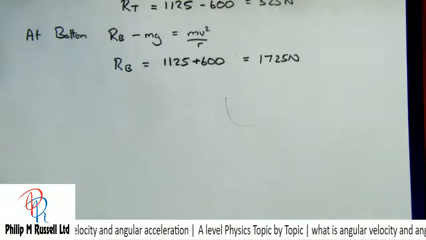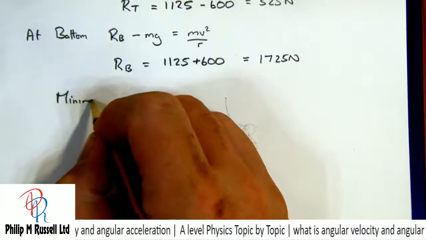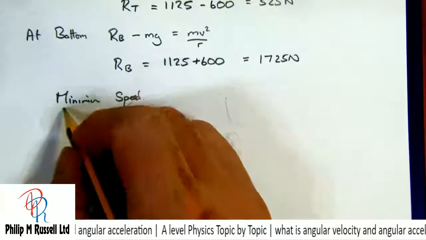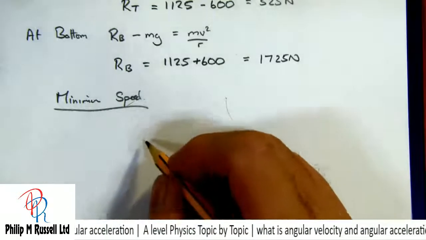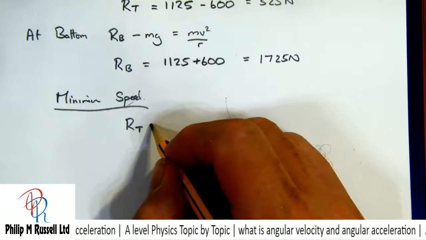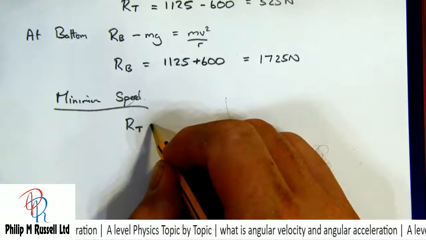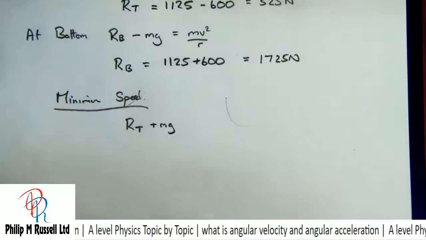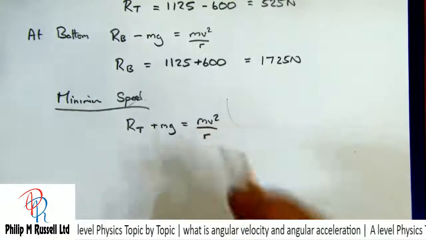So how about working out what is the minimum speed that we ought to be trying to go around this? So let's take my RT at the top, and that's going to be plus mg, and that's going to equal mv squared over r.